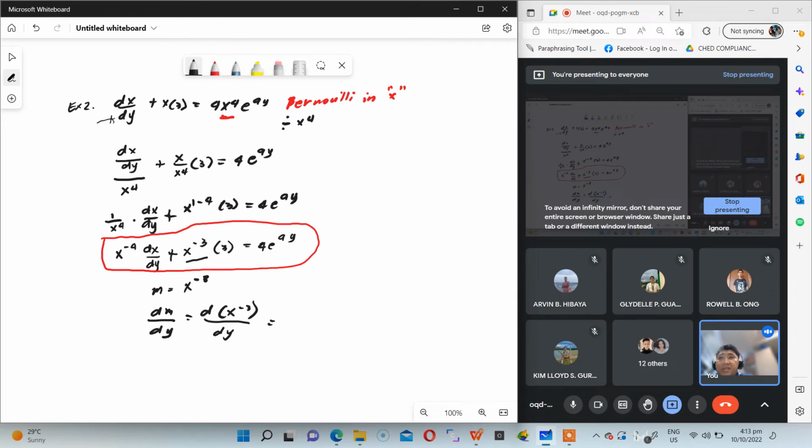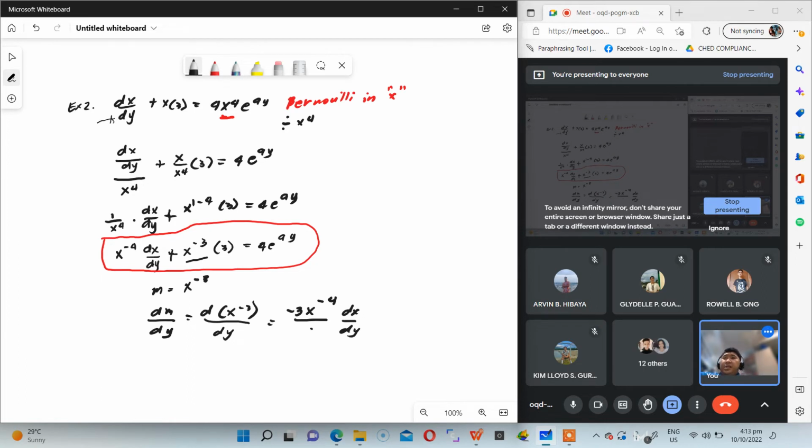So therefore, just derive this one. That is negative 3x raised to the power of negative 3 plus negative 3 minus mano, negative 3 minus 1, that becomes negative 4 over, that is derivative of x over derivative of y because here you derive it with respect to x. Tapos, from here, if you could look, the step is repetitive.